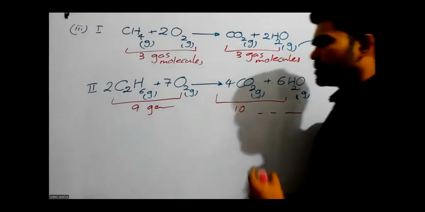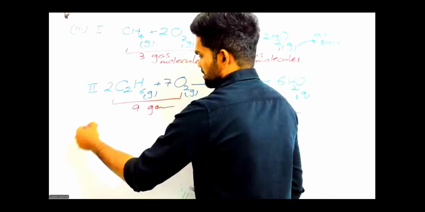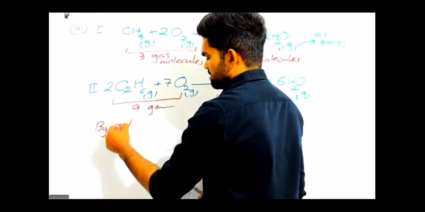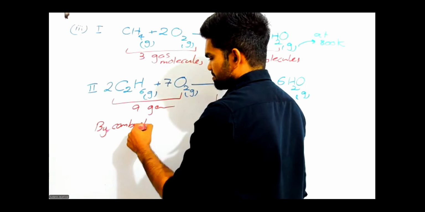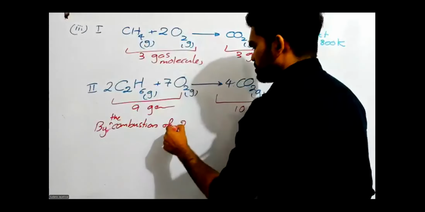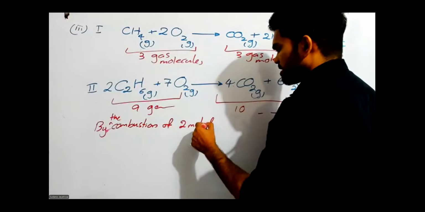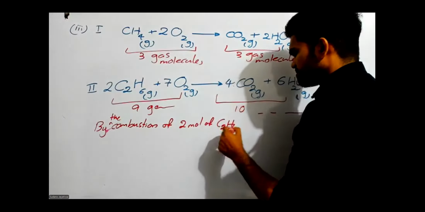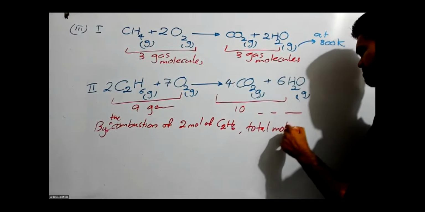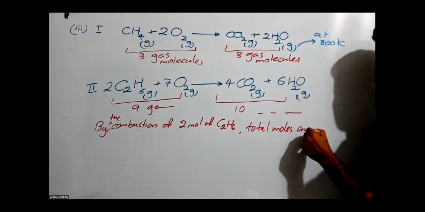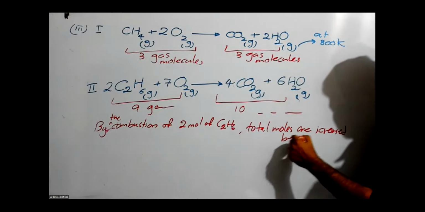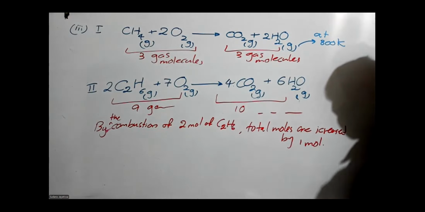Understood? Okay, so you need to write: by the combustion of 2 moles of C2H6, total moles are increased by 1 mole.